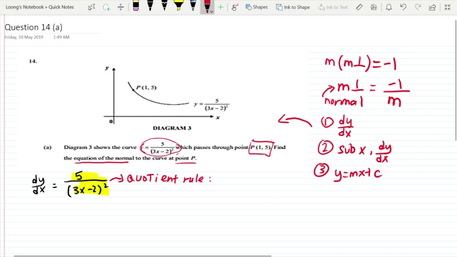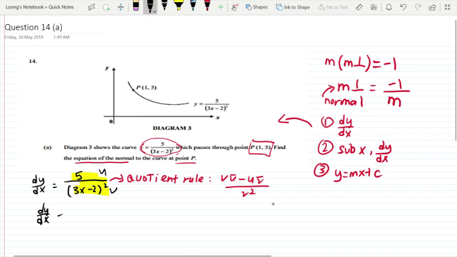The quotient rule is (v du minus u dv) divided by v squared. So we continue with dy dx, and this is our v, this is our u, and this is our v.